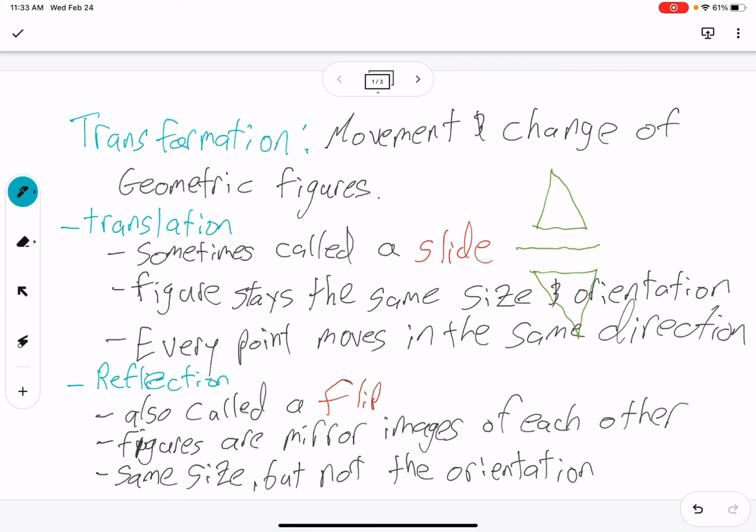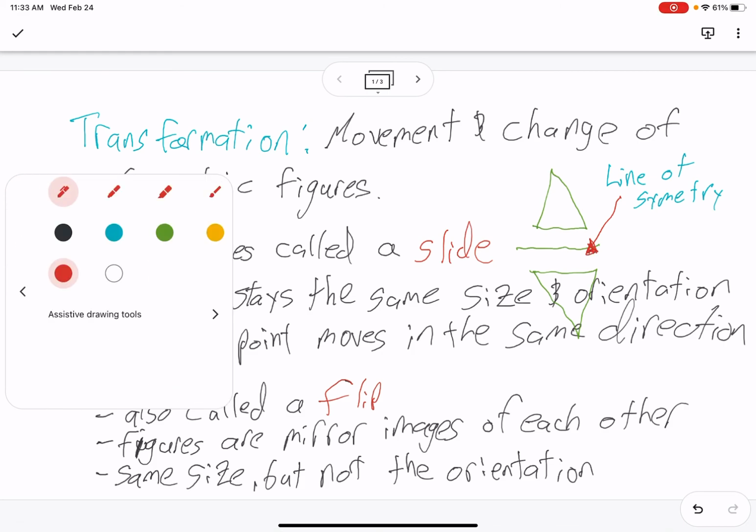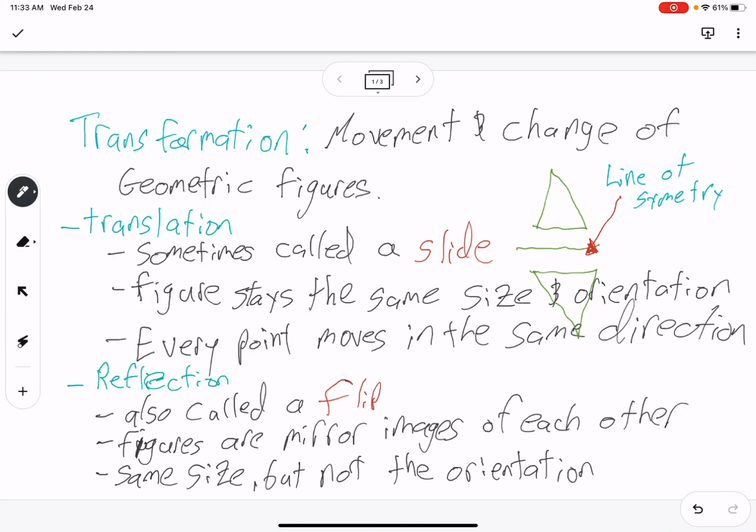Last word I want you to write down is line of symmetry. And that is this line right here, okay? It's the line you flip the image over.